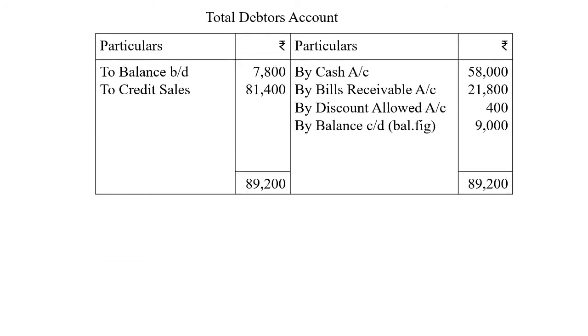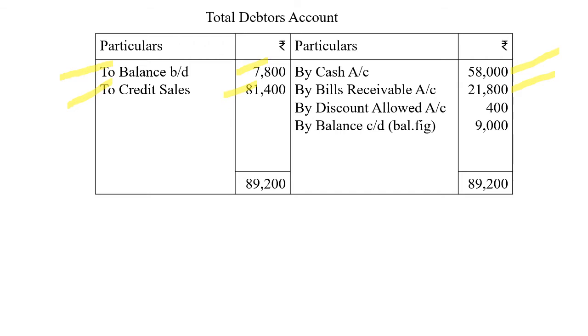So opening balance they have mentioned, to balance brought down 7,800. Then credit sales they have mentioned, so to sales 81,400. Then receipt from debtors, by cash account 58,000. Then bills receivable issued, by bills receivable 21,800.